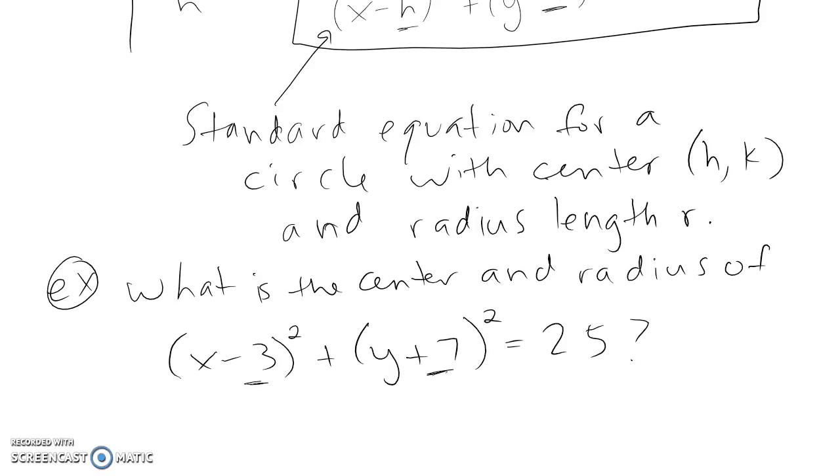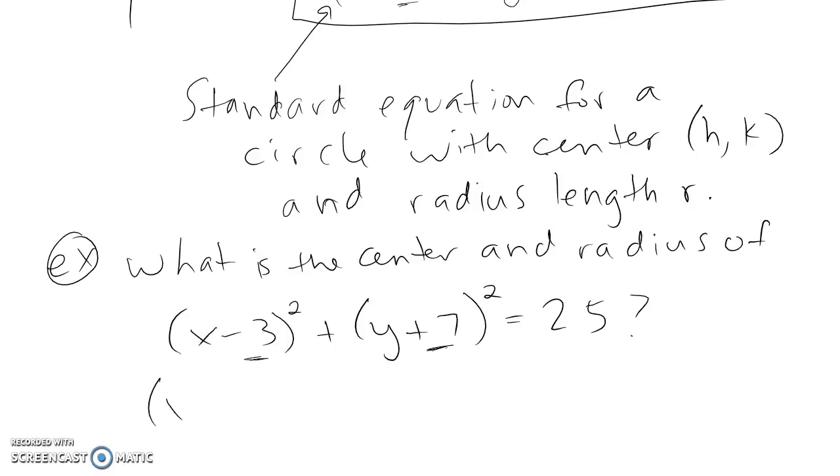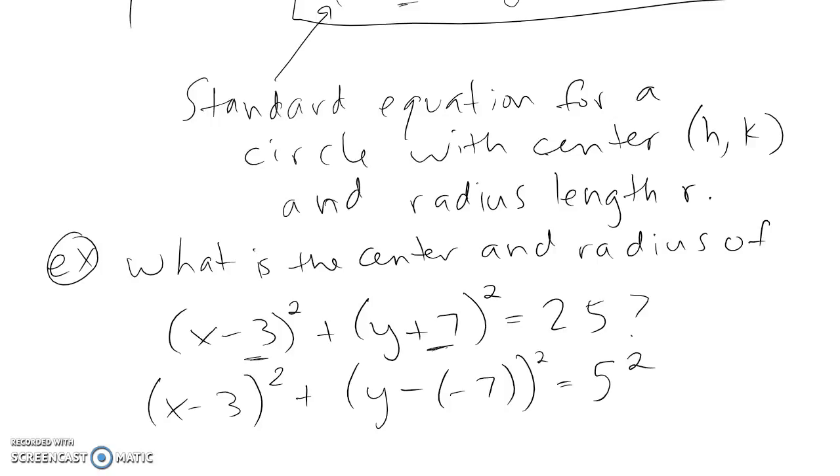What we can do is rewrite that plus 7 with the y as minus a negative 7. And we can also write the radius, or this 25, as 5 squared. So now we can say that the 3 is h, negative 7 is k, and 5 is r.